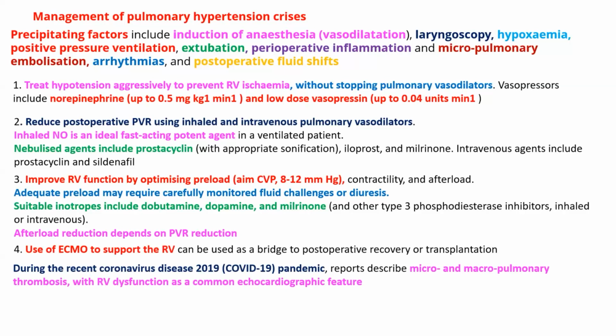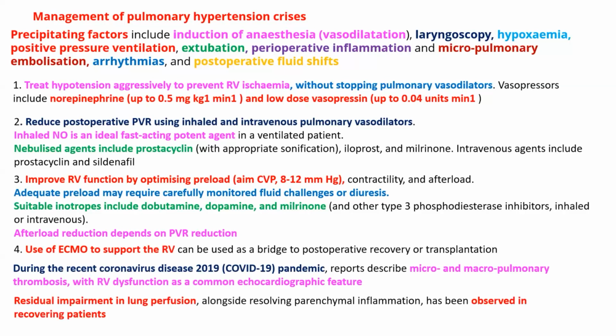So that was the fourth category we saw, presence of thrombus in the pulmonary vasculature, which is one of the causes of pulmonary hypertension. This leads to right ventricular dysfunction, and some patients have sequelae of this infection resulting in residual impairment of the lung and develop pulmonary hypertension, which persists for a long time.